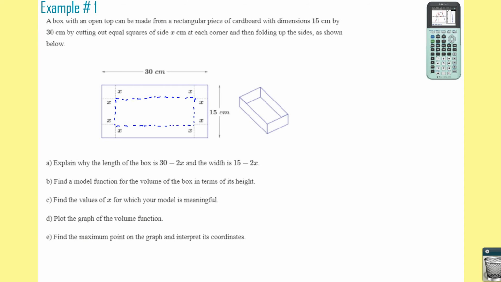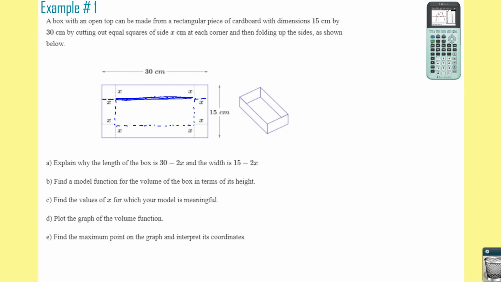Alright, so here it says explain why the length of the box is 30 minus 2x. Well, the length isn't 30 anymore. It's now this. This part is just the whole thing minus these little sections. So 30 minus 2x is right there, because we're removing 2 corners of that side.